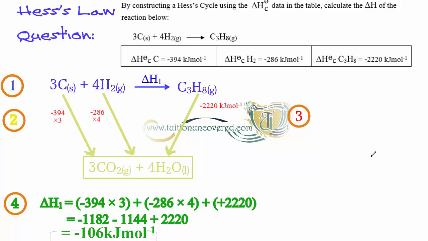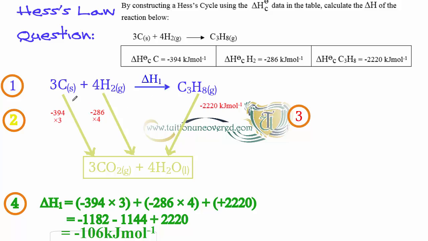Step 4 is to simply write down my calculation. The enthalpy change 1, this here, is equal to those arrows. When I do this in a classroom, I use my fingers to simply show how from this starting position I can walk down these arrows and walk up against the direction of this arrow to get to propane. Directly walk across here, or go down those arrows and up that arrow.